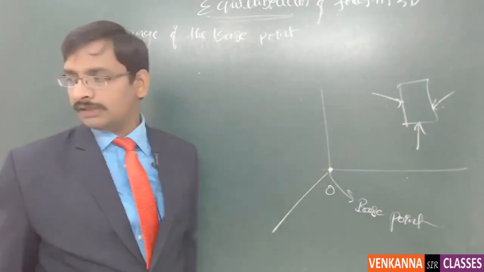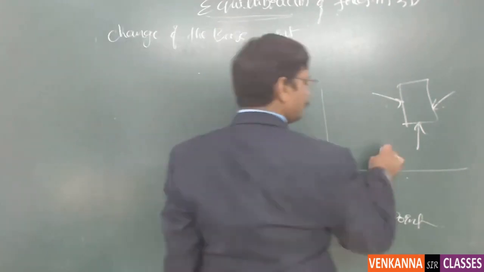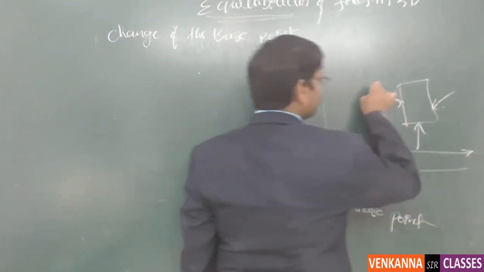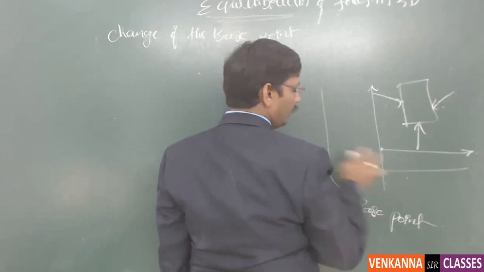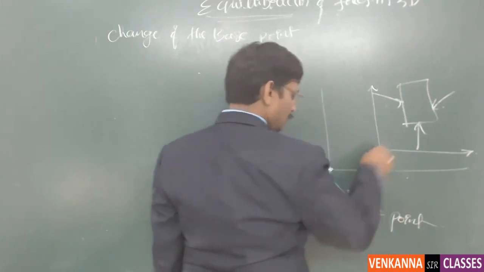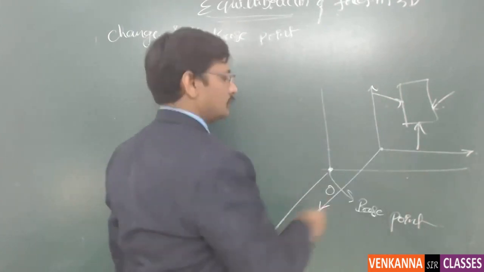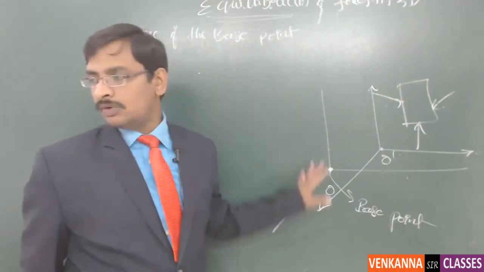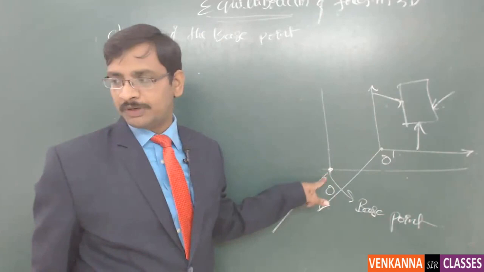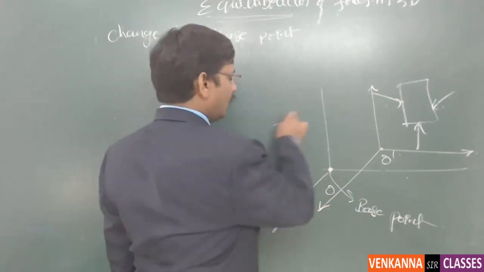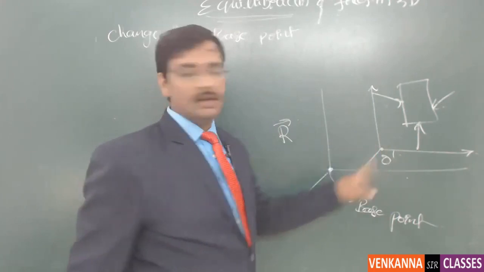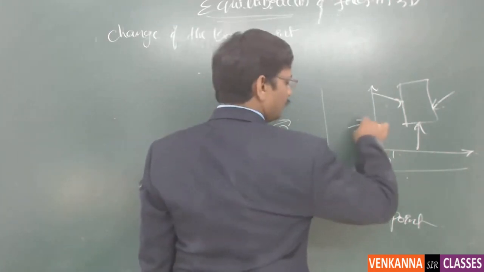Now, if I shift the base point, let us say I have shifted the base point to here. Now, is there a difference in the force or R actually? Do we have a difference for R or it will be the same? So, this is O dash. By referring every force to this particular point, I can calculate the R value. And then by referring every force to this point, I can calculate the R dash value.